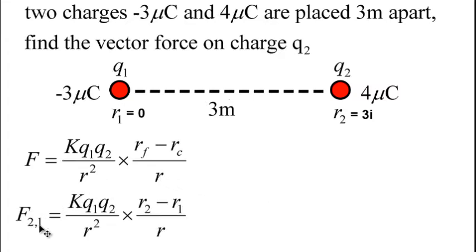So F21, which means the force on Q2 due to Q1, equals kq1q2 over r squared multiplied by the position of the charge feeling the force minus the position of the charge causing the force. From the question, they said find the force on Q2. So Q2 is the charge feeling the force. So R2 is the position of that charge minus R1, which is the position of the charge causing the force, divided by the distance between them.